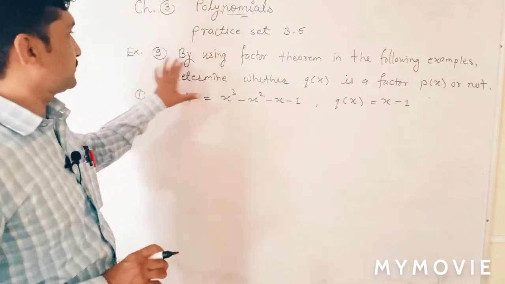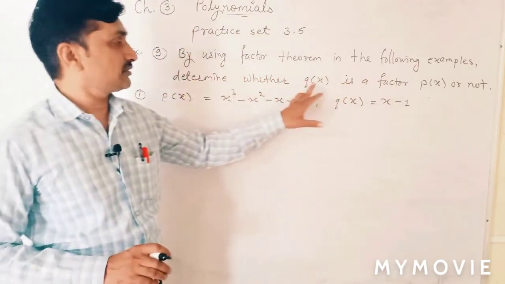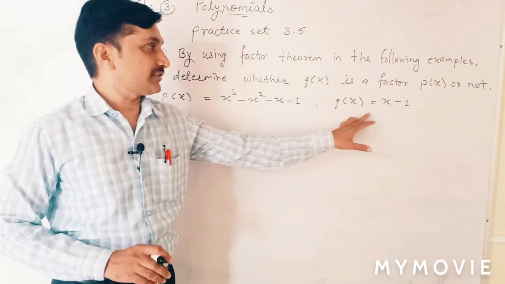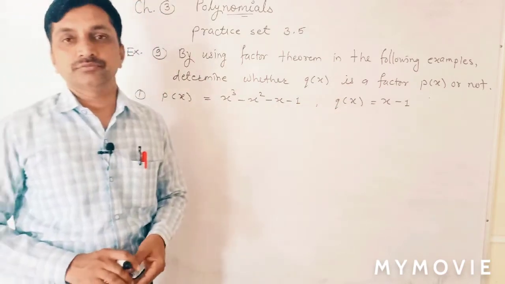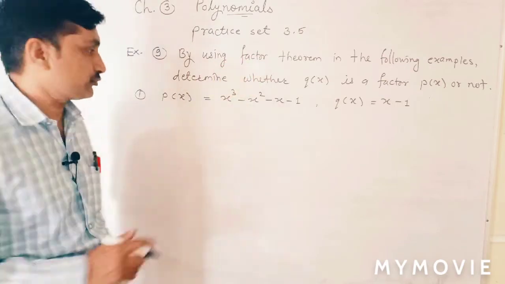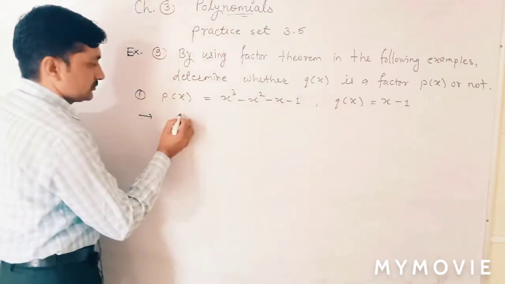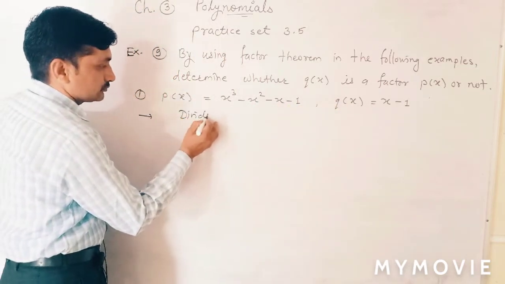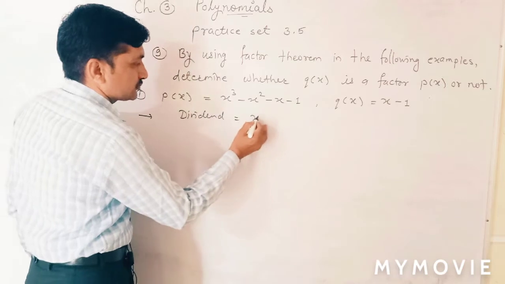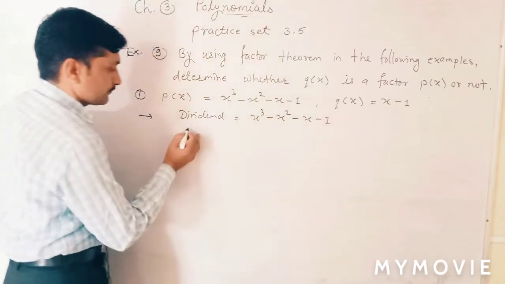Example number 9. By using the factor theorem in the following examples, determine whether q of x is a factor of p of x or not. Again, by using the factor theorem we have to find. Solution. This is the dividend, this is the divisor. Dividend is x cube minus x square minus x minus 1.